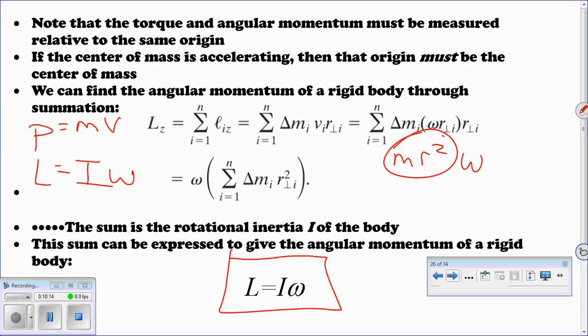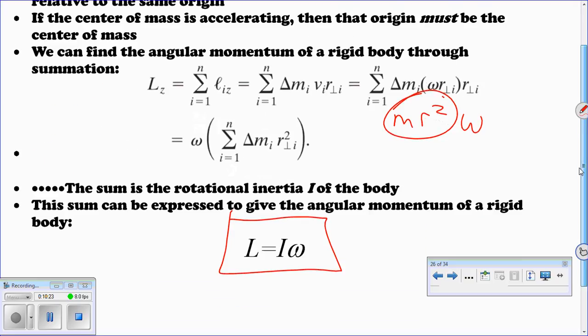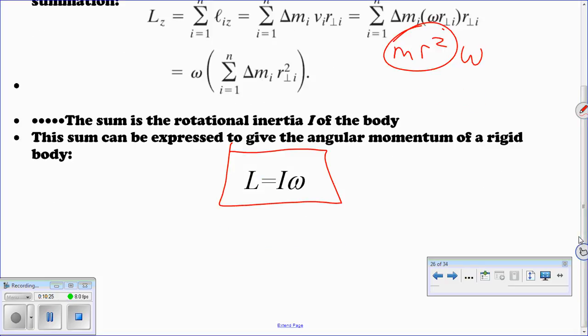right? Okay. Now, on Thursday, we spent all this time learning about particles. All right, well, suppose we've got a particle. Well, then it becomes this. L is, I for a particle is mr squared, right? So that's my I, times omega, right?